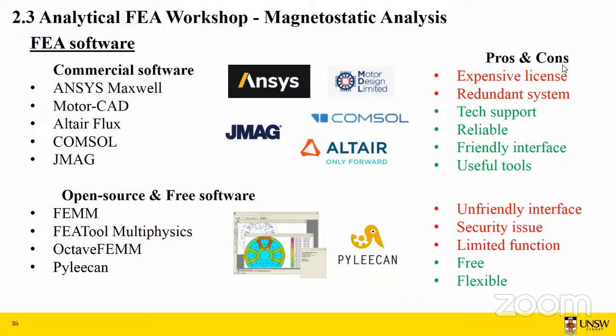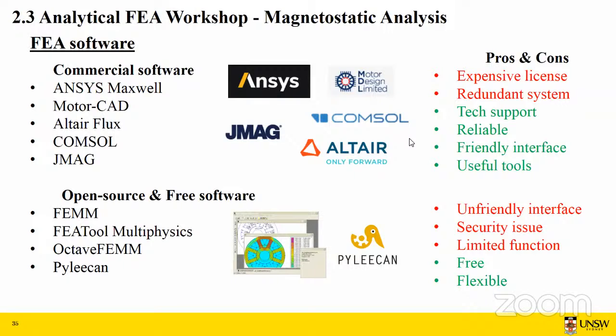The pros and cons of commercial and open source softwares. Well, the most obvious one for commercial software is they are very expensive. They'll charge you a fortune to get a license, okay? And they have many redundant systems, many redundant tools you will never use, and that slows your computer.